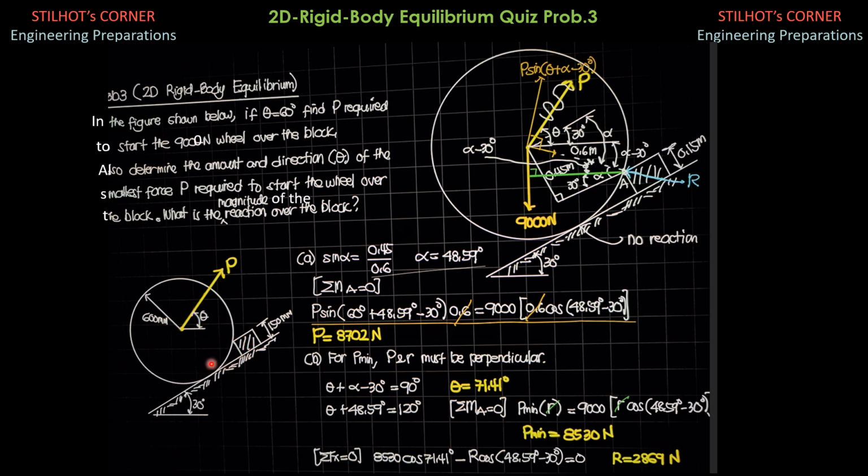If there is still contact here, the wheel cannot start over the block. The only way it can start over the block is when there is no reaction here. That's why I put here no reaction.